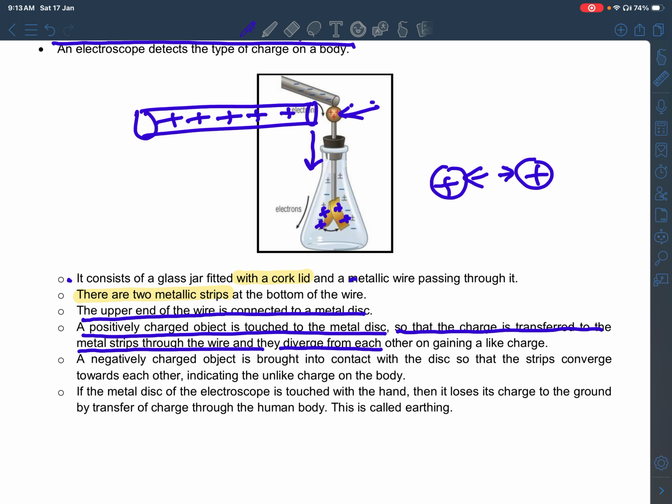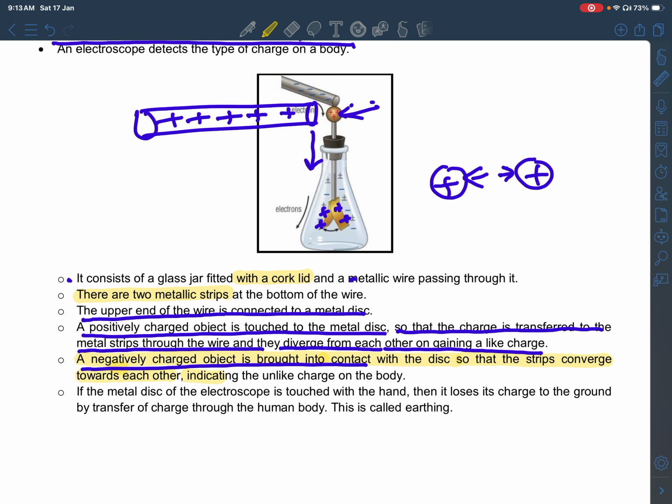Now the question is why they diverge? Because they have the same charges, like charges. Again, when a negative charged object is brought into contact with the disc, the strips converge toward each other.